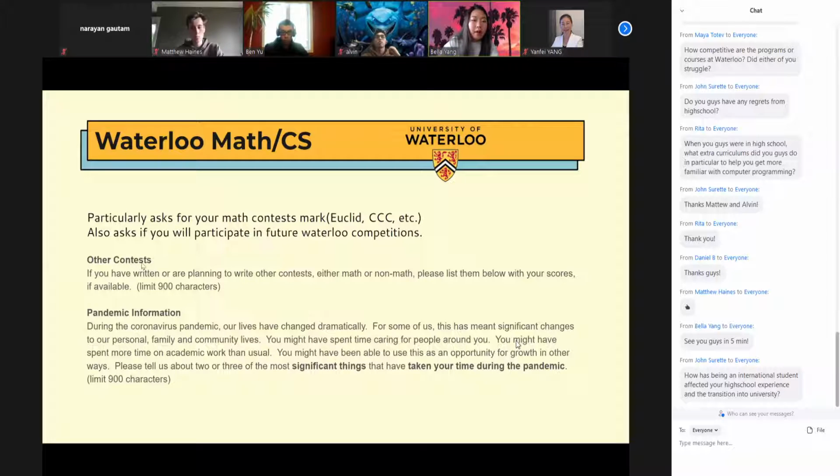And they also ask for other contests. So if you want to do further things like hackathons or any other contests from other universities, you can list them above to talk about your passion and how you really want to get into these programs.